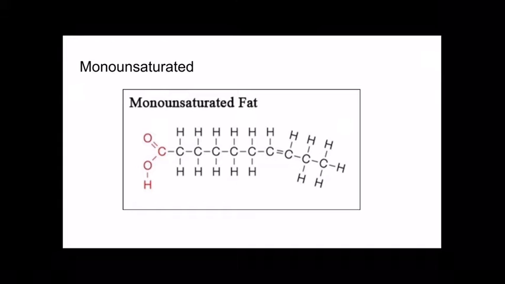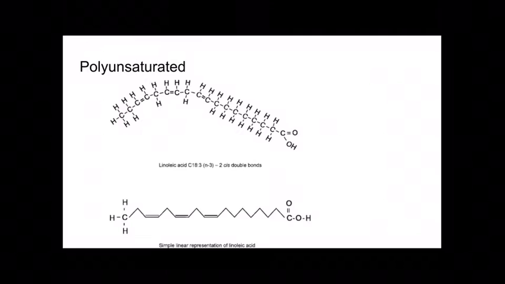But anyway, a monounsaturated fat is a fatty acid in which there is one place that is not completely saturated with hydrogens, and that's at the place where there's that double bond. So mono means one, un means not, and saturated means saturated with hydrogen atoms. A monounsaturated fat has one position in which the carbons are not completely saturated with hydrogen, and we can see that that's where that double bond is.